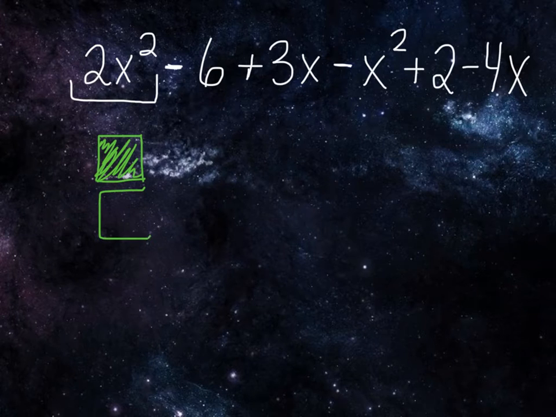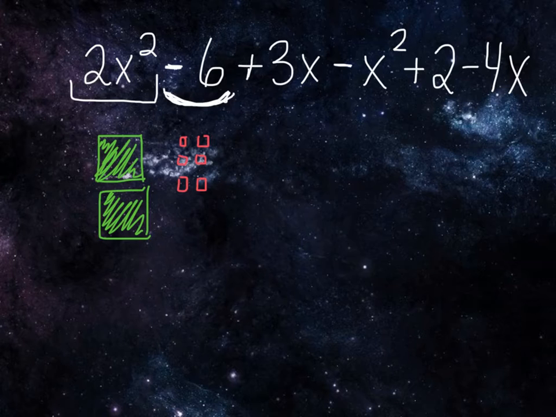So I'm going to draw 2 of those guys. Next, our next term is minus 6, or negative 6. So we're going to draw 6 negative ones. There's 1, 2, 3, 4, 5, and 6. So that represents negative 6.